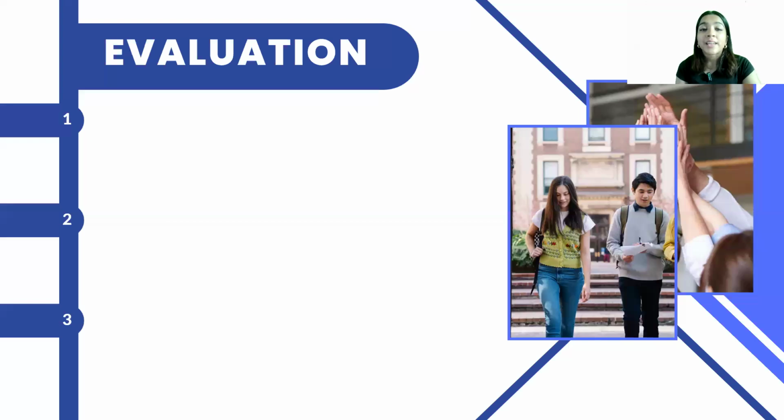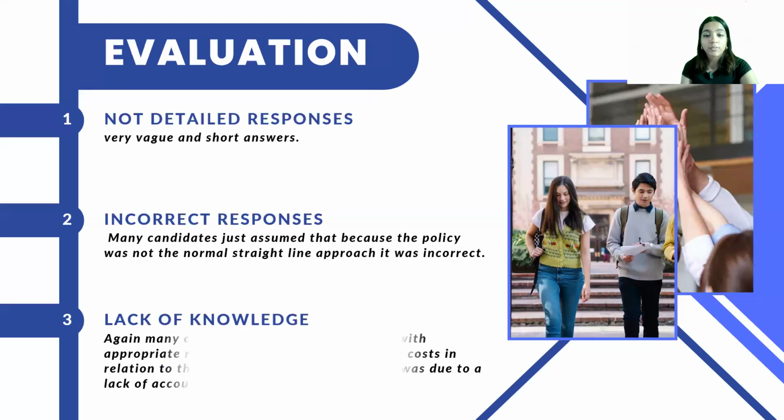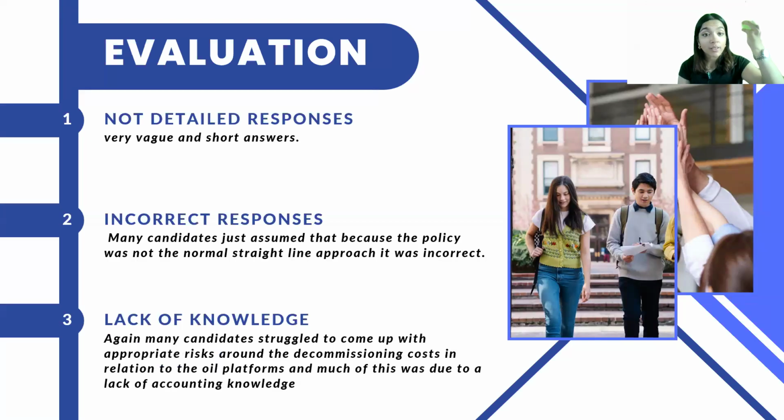Okay. Now, when it comes to evaluation, there are a few comments that the examiner has told us: not detailed responses, vague and general, incorrect, because many candidates just assume that the policy was not the normal straight line. See, if you are commenting just that the depreciation policy was inappropriate, no. Lack of knowledge: many candidates struggled to come up with the appropriate risk around the decommissioning cost in relation to the oil platforms, and much of this was due to the lack of accounting knowledge.